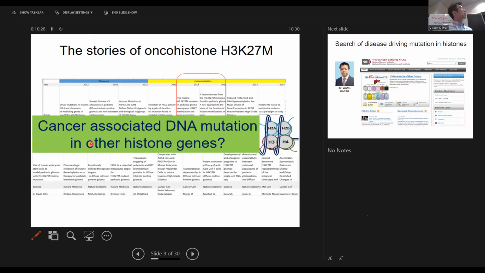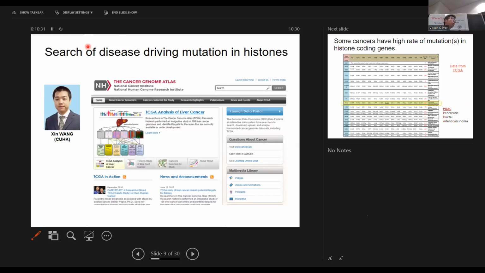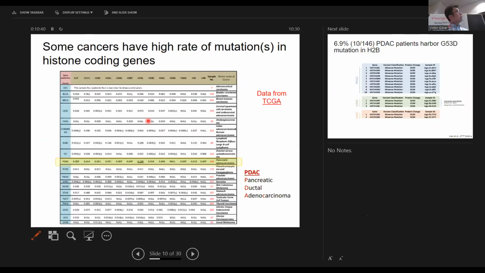In collaboration with Dr. Wang Xing at CUHK, we started by analyzing the TCGA database. From the TCGA database, we analyzed all the patient samples and found all the histone mutations in histone H1, H2A, H2B, H3, and H4. So we did a lot of analysis.